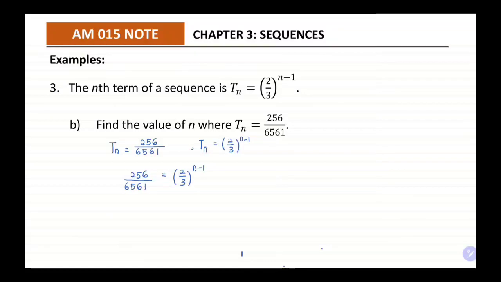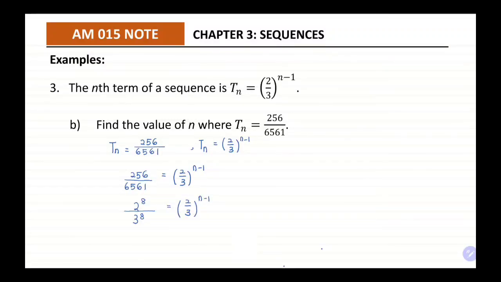Now we try to change 256 to base 2. We use the calculator and we get 2 power of 8. And for 6561, changing to base 3, we get 3 power of 8.